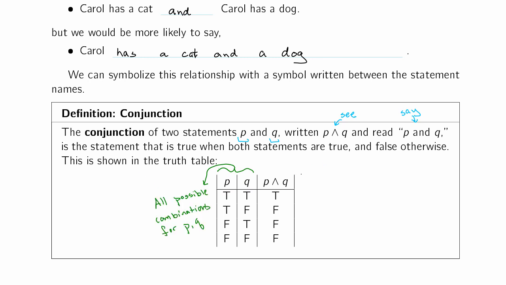And then in this column, we have the value of P and Q, computed from the value of P and the value of Q. And we see in the truth table that if both P and Q are true, their conjunction is true. The rest of the time, the conjunction is false. So there's only one way for the conjunction to be true, and that is if both of the statements in the conjunction are true.